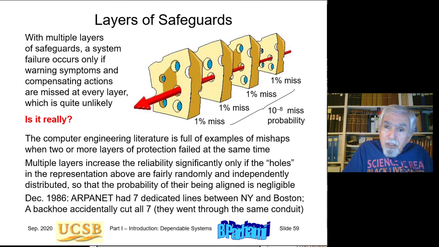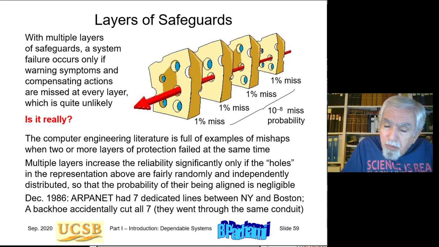Okay, now if the locations of these holes are completely random, and therefore these sheets are statistically independent from each other, then the probability that the 4 layers will not stop the bullet will be 1% times 1% times 1% times 1%, independent random variables.